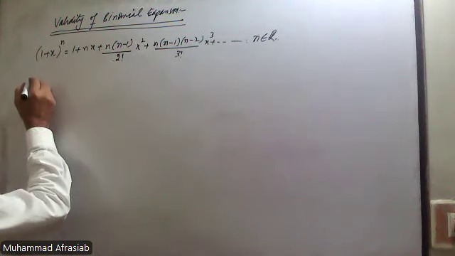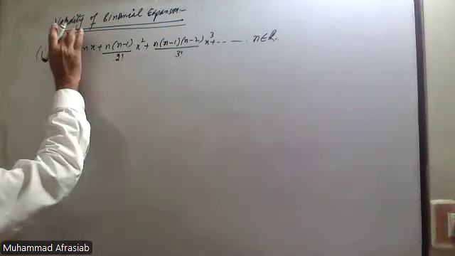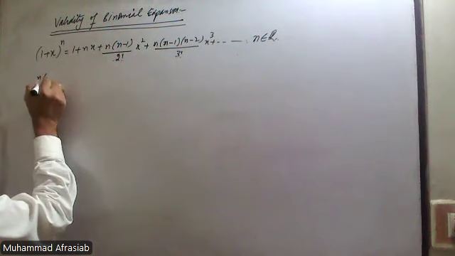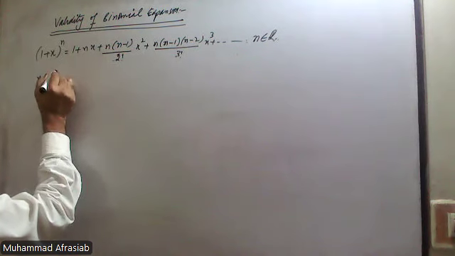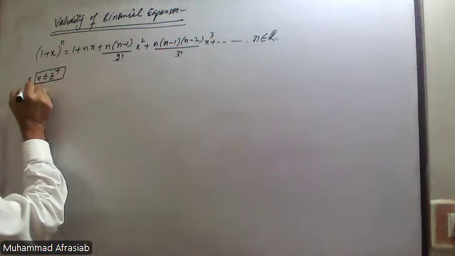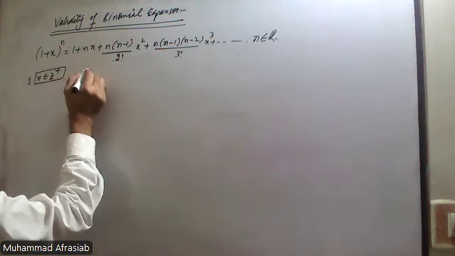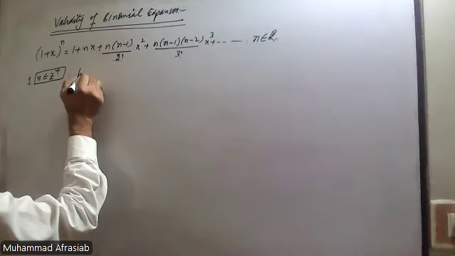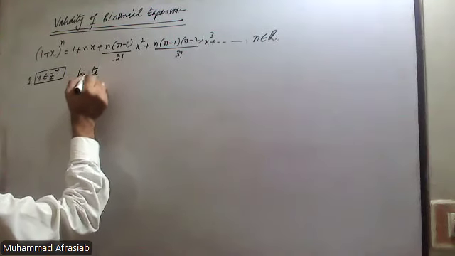First of all, we will take the validity when n is a positive integer. When n is a positive integer, we know that the total number of terms in the binomial expansion is finite. So it is valid for every value of x, whatever you put in, but n should be a positive integer.